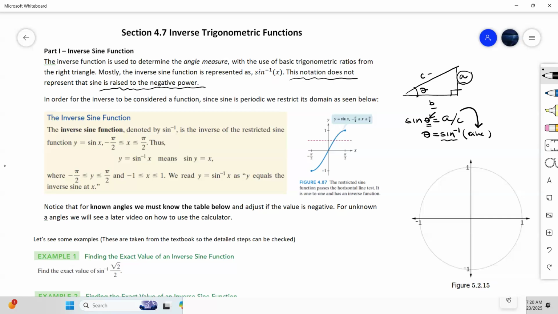Okay, now sine inverse or cosine inverse or tangent inverse or any of the other functions inverse, it's a function. Now, if it is a function, you remember that every function has to pass the vertical line test. And what is that vertical line test? So if I have a function, let's say this function, this graph represents a function if it passes the vertical line test. So here's my vertical line test.